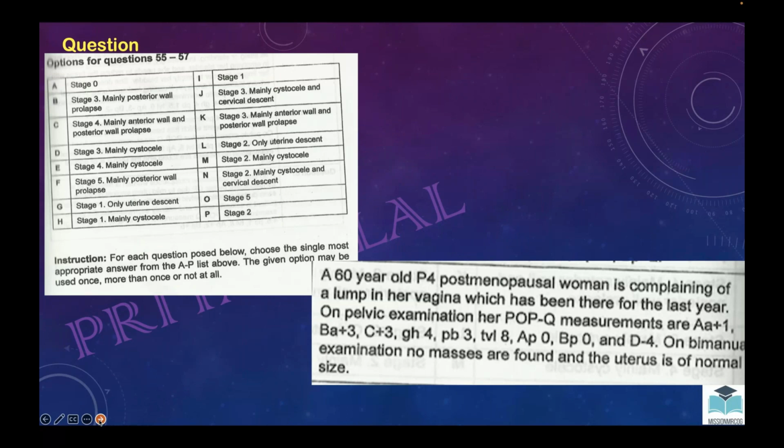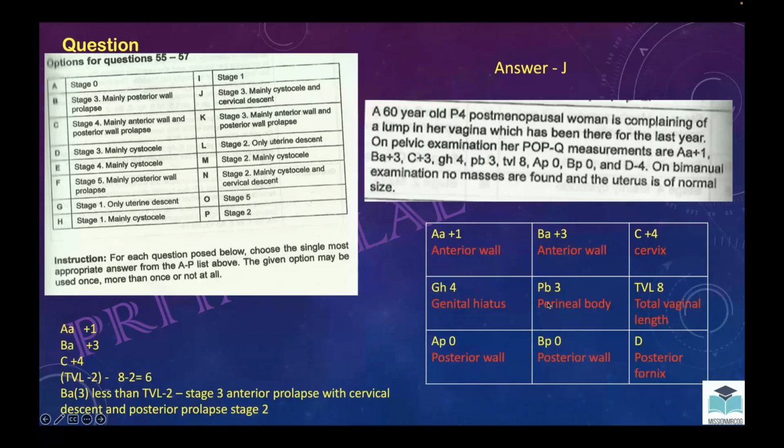So this is the grid, you can see from here. Here the anterior wall is coming out, but you see C is also plus. C plus means cervical descent is also there. And here the posterior wall is 0, so the posterior wall is stage 2 prolapse. TVL minus 2 is 6, and BA is less than TVL minus 2.